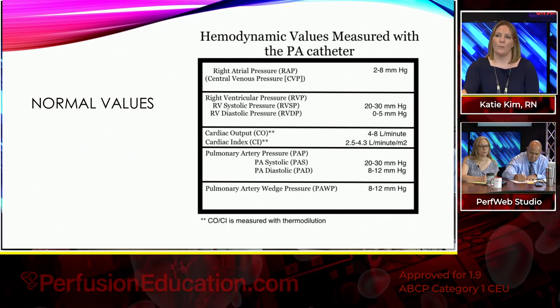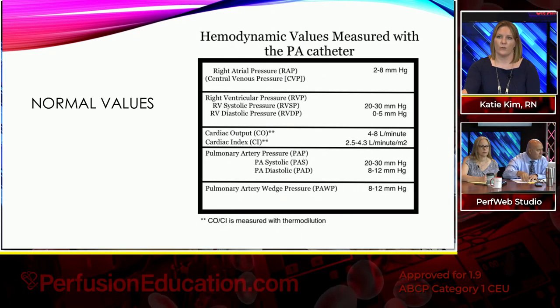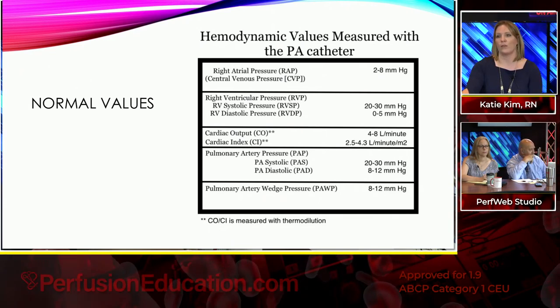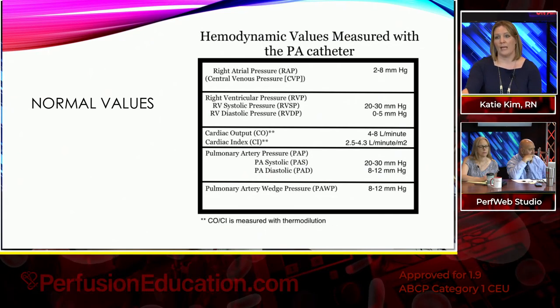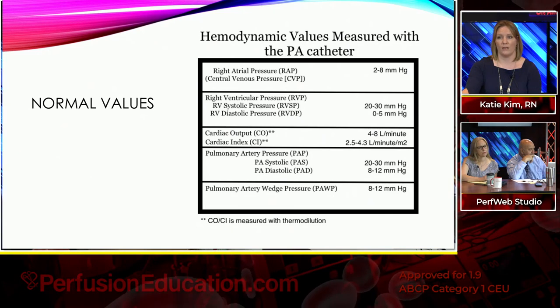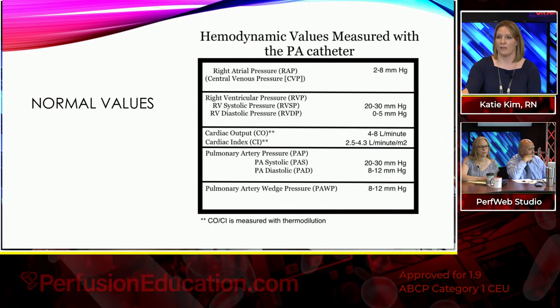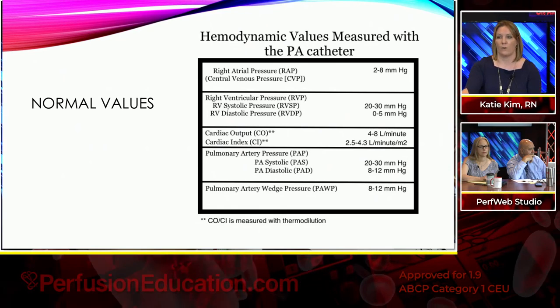Your cardiac output is normally 4 to 8 liters per minute, and indexed for your body size, normal is going to be 2.5 to 4.3 liters per minute per meter squared. For PA pressures, normal systolic is 20 to 30 millimeters of mercury, PA diastolic pressure is 8 to 12, and your wedge pressure is going to be around 8 to 12 as well.